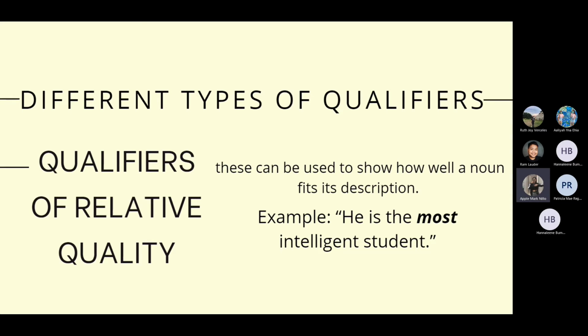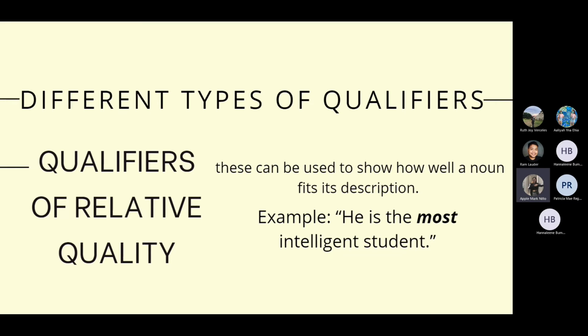Qualifiers of relative quality can be used to show how well a noun fits a description. The example below is: he is the most intelligent student. The qualifier used in the sentence is the term most, and it can function both with or without a noun. We usually add it to an adjective to create a superlative degree.